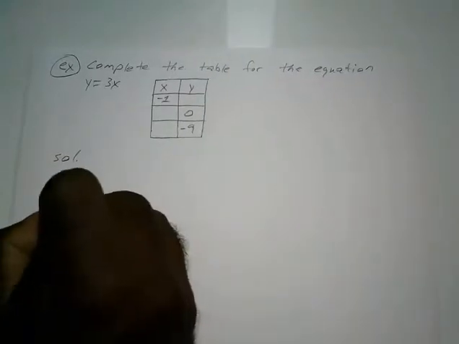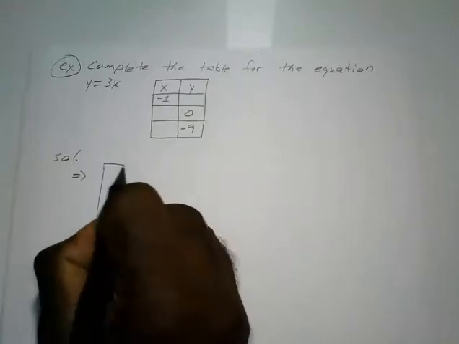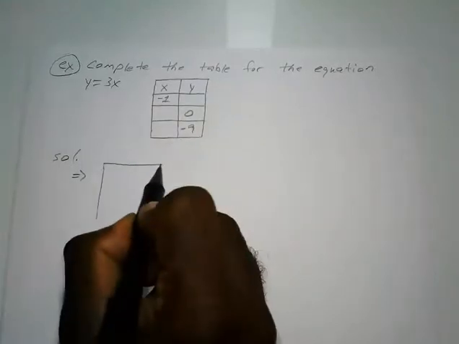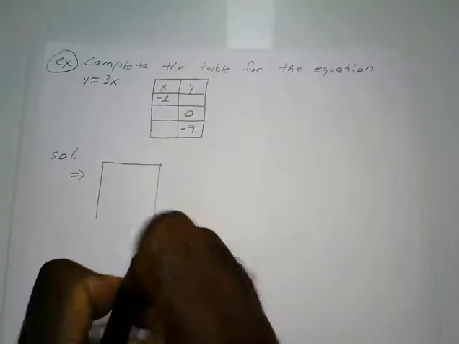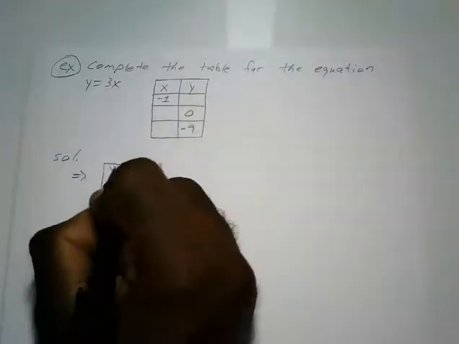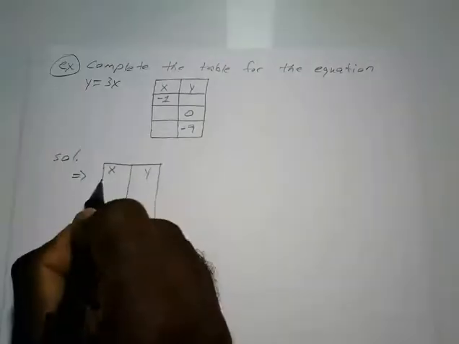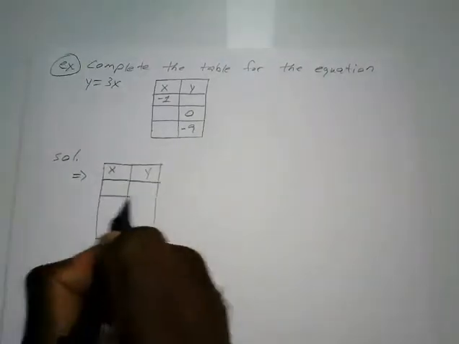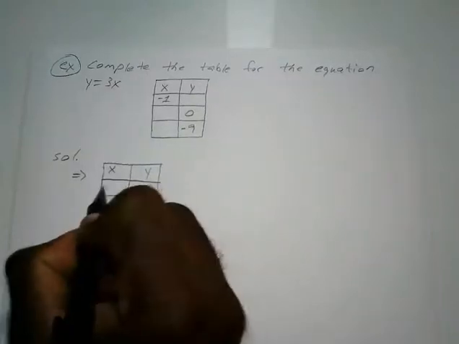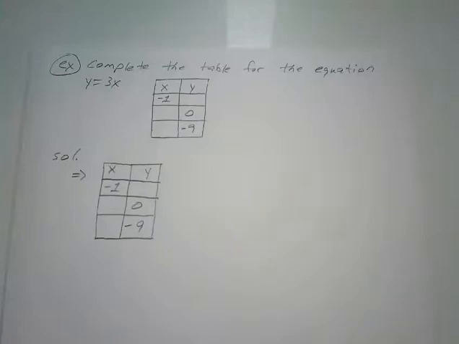So I'm just going to redraw this table so I can fill in any missing ones. So we have our x, we have our y, and we fill in our -1, 0, and -9.